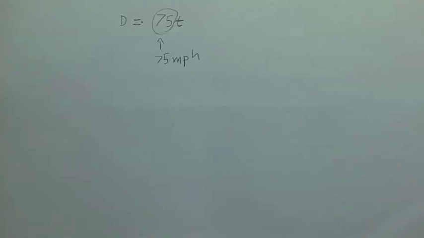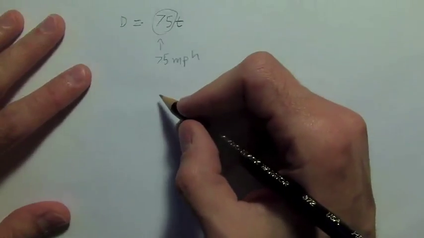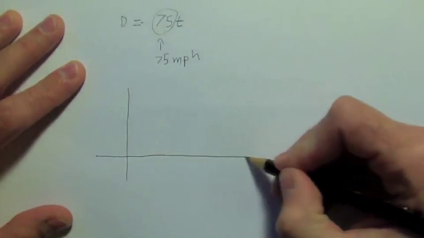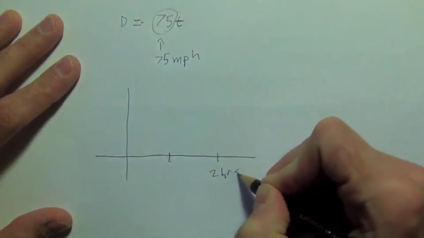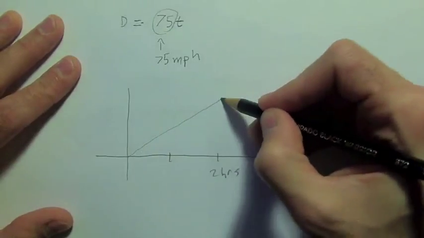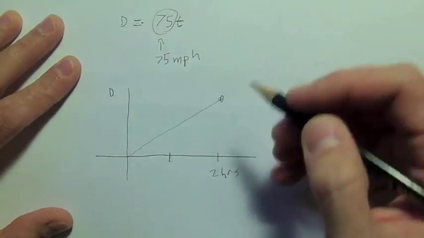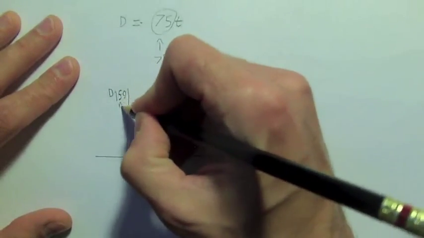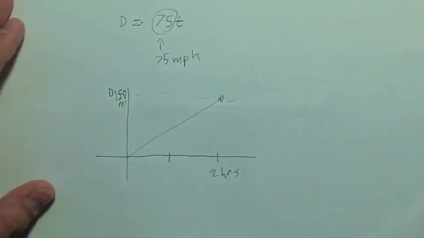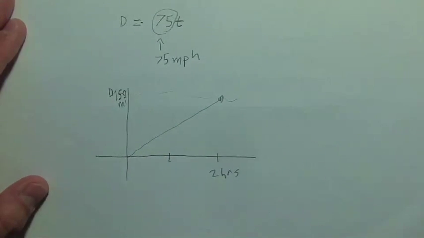The problem with this, to give you an example, is say over 2 hours I traveled, and this is the distance, let's say 150 miles.